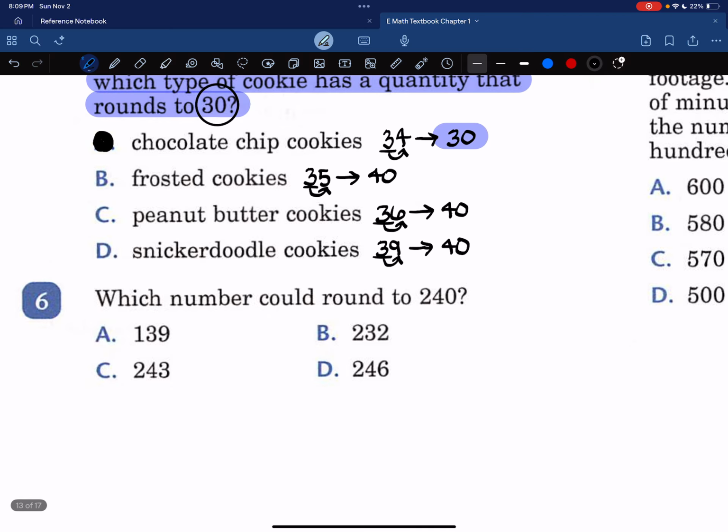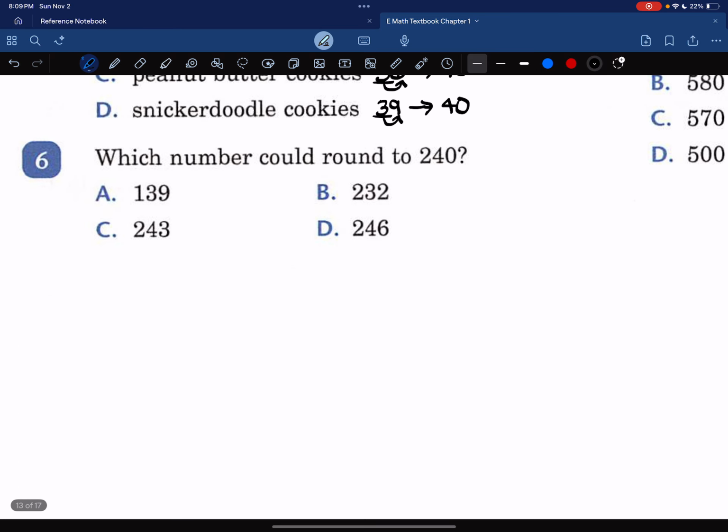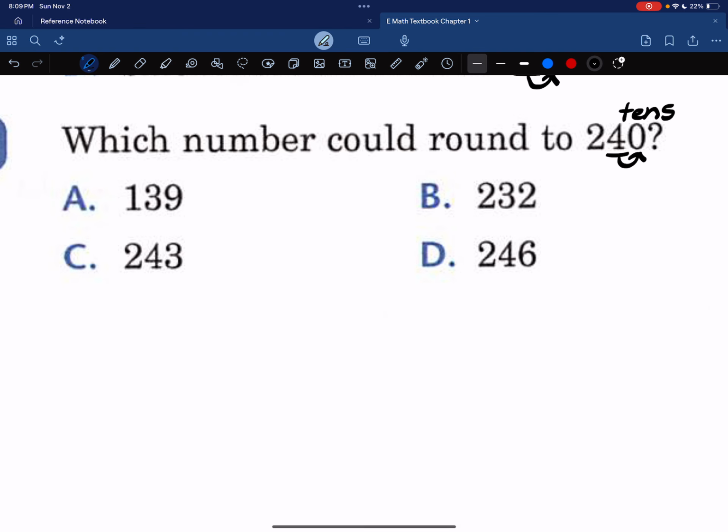Which number could round to 240? Well, this has been rounded to the tens place. So I'm going to do that for all of these choices. So I have 139. Let's look at the tens place and then the neighbor. And that will round to 140. 232.